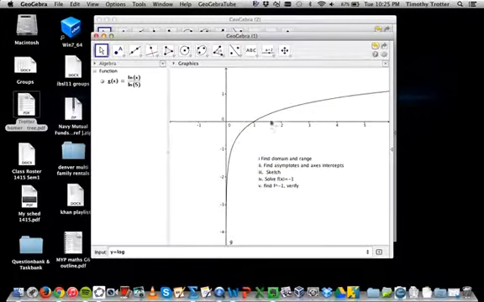There is no horizontal asymptote. It doesn't rise very quickly, but it will go vertically forever. So we would say the domain is any x greater than 0, and the range is all real numbers.